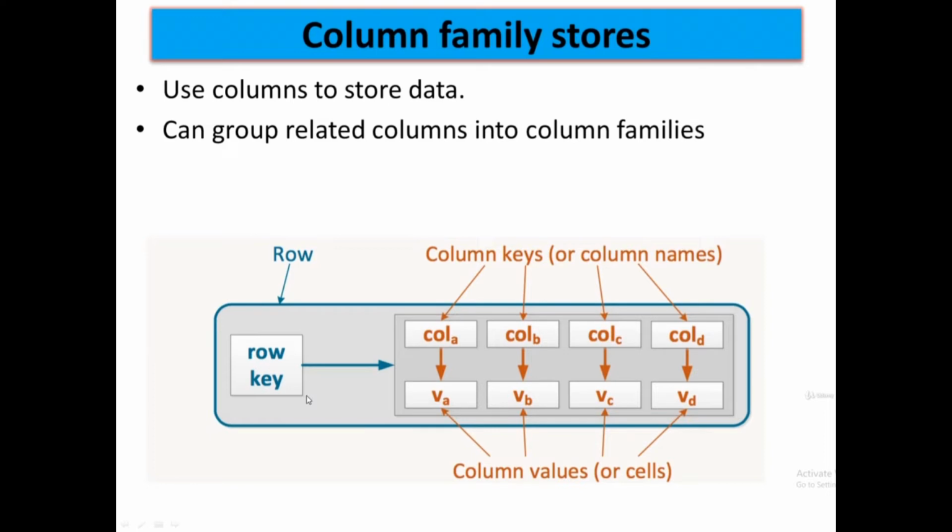A typical column family contains a row key as the first column, which uniquely identifies that row within the column family. The following columns then contain a column key which uniquely identifies that column within the row. So here col A, col B, these are the column keys. Each row in the column family is not required to have the same number of columns.